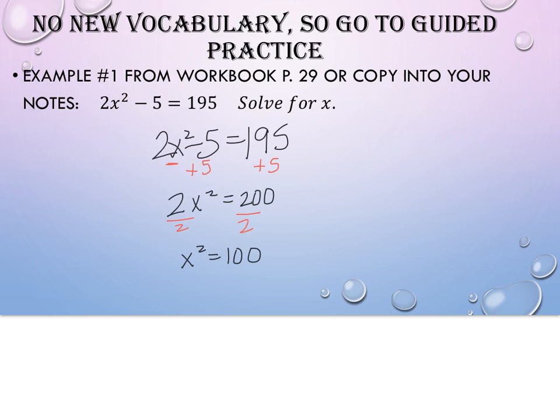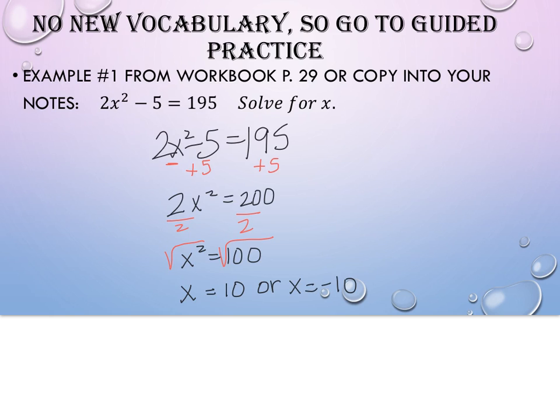Then you remember, I hope, to get rid of the square, you square root both sides. And the square and the square root cancel each other out, and the only thing left on this side is the x. Here, the square root of 100 is 10, but it can be 10 or it can be negative 10.